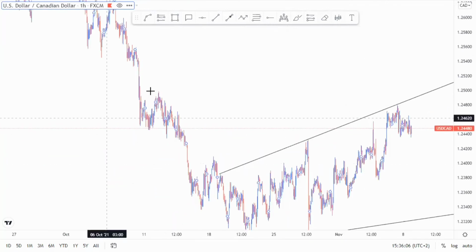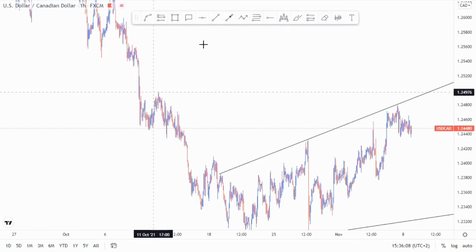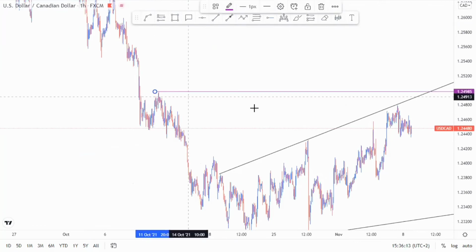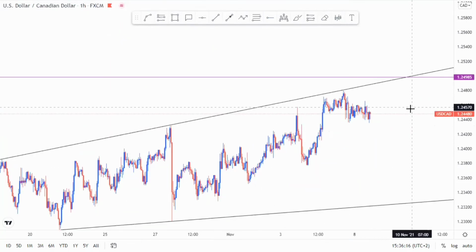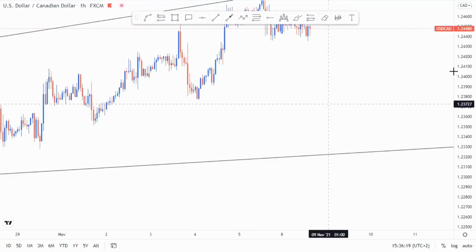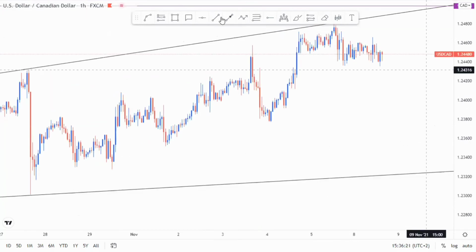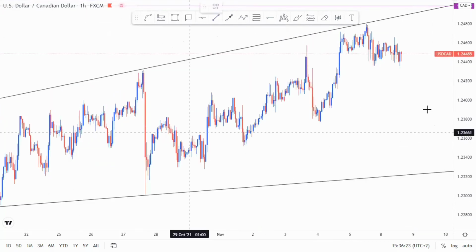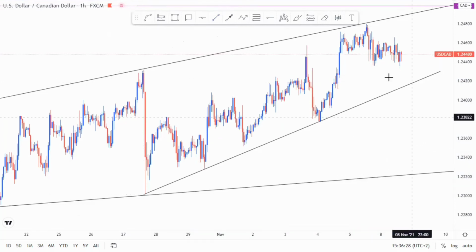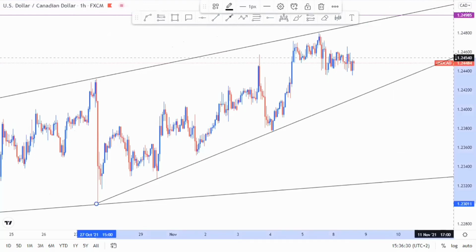And let me just also highlight this high here, which can be a possible resistance. And I see a possible pattern also here. Possible pattern. 3 touches. Toning it.